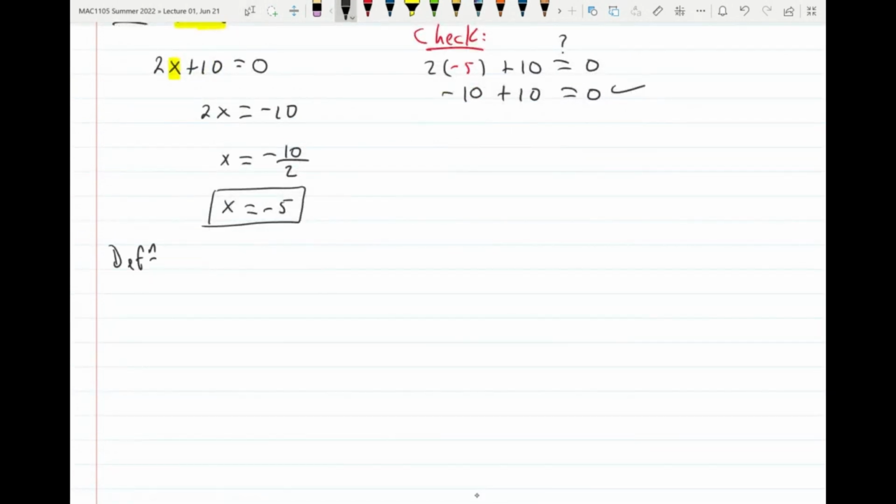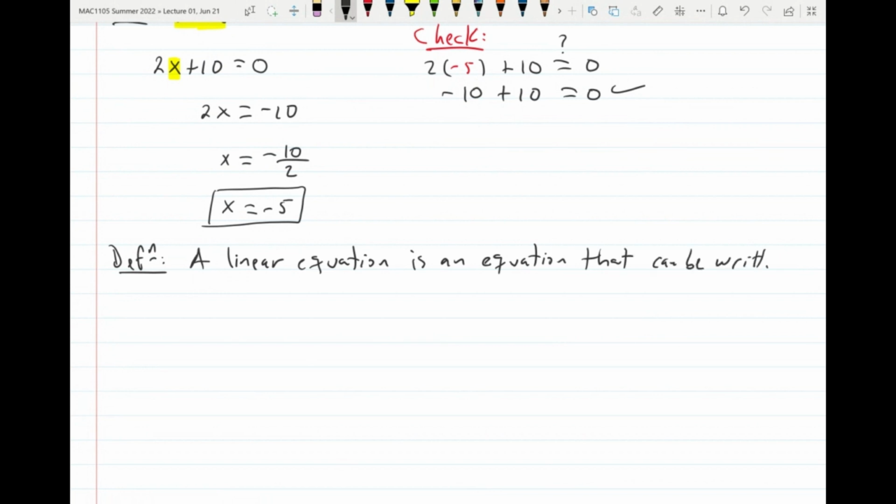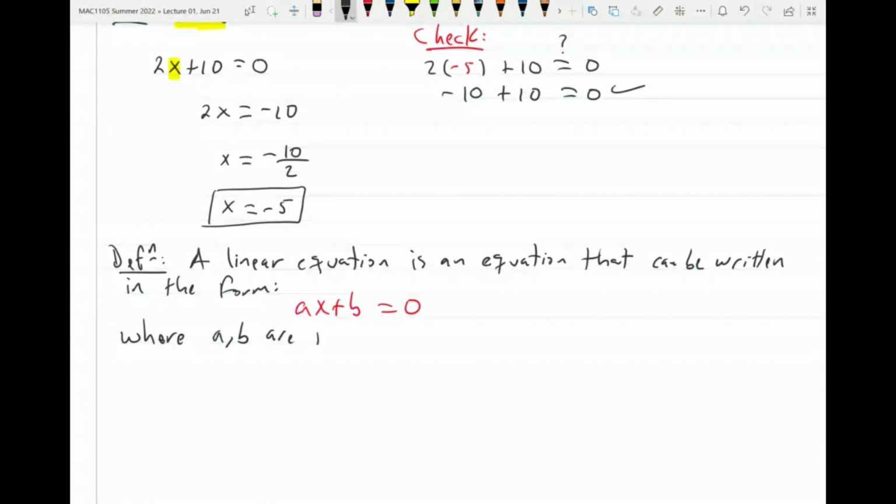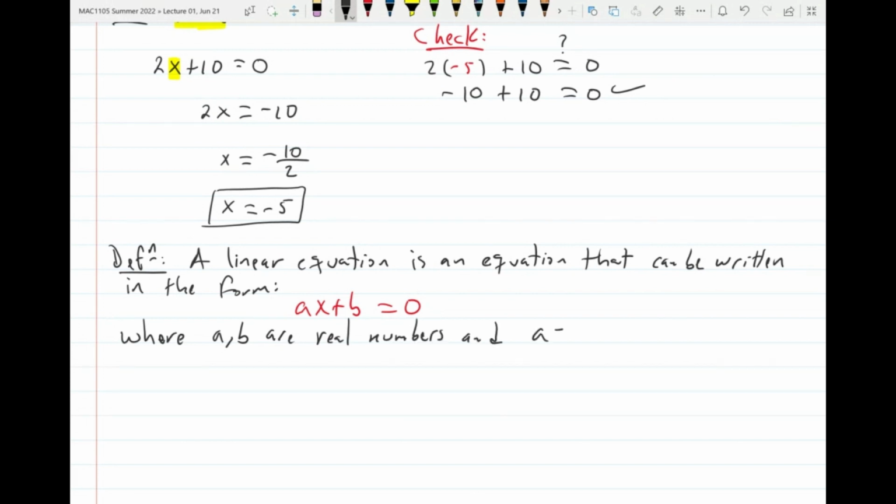Definition: a linear equation is an equation that can be written in the form ax plus b equals 0, where a and b are real numbers and a is not equal to 0.